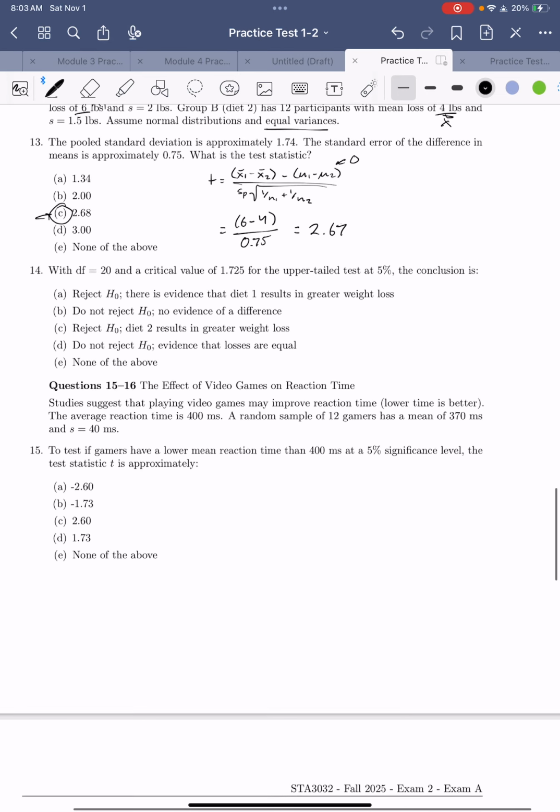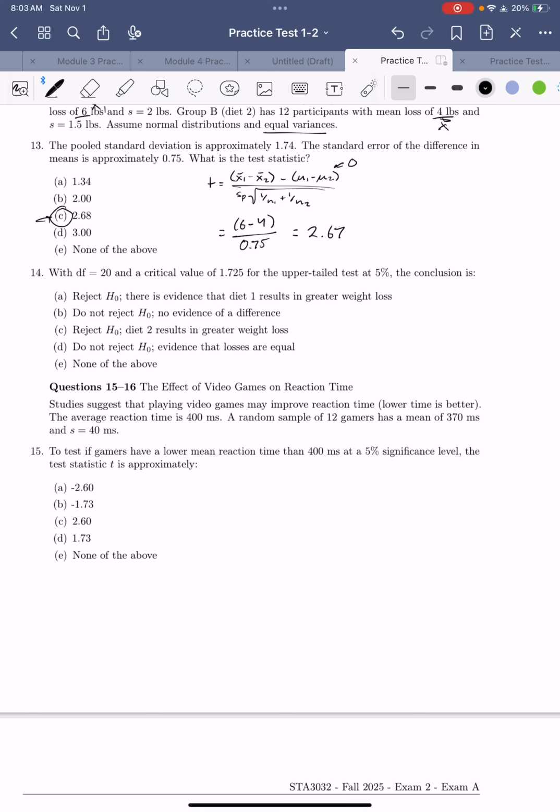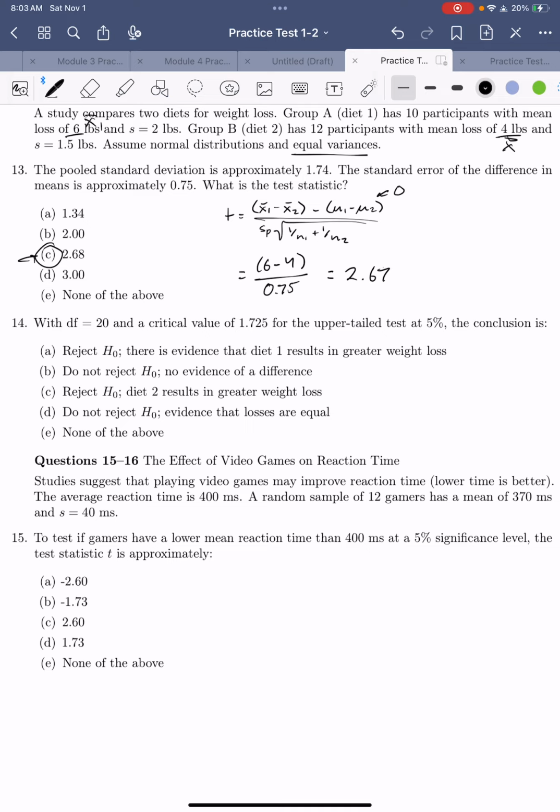For our next problem, with degrees of freedom of 20 and a critical value of 1.725 for the upper tail test at 5%, the conclusion is, okay, we have our critical value over here, and we can find our p-value from our critical value.